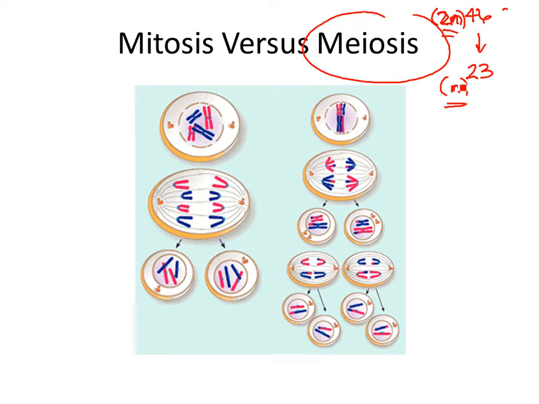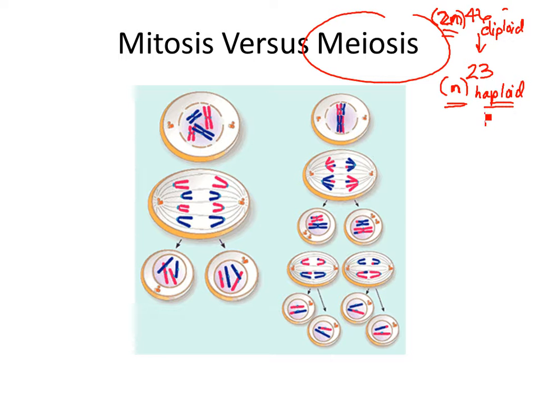So 46 is 2N. Another term for that is diploid. A cell that contains 46 chromosomes in a human is diploid. A cell with 23 chromosomes can be referred to as haploid, and you'll see it as N for haploid and 2N for diploid on many of the diagrams in your textbook.